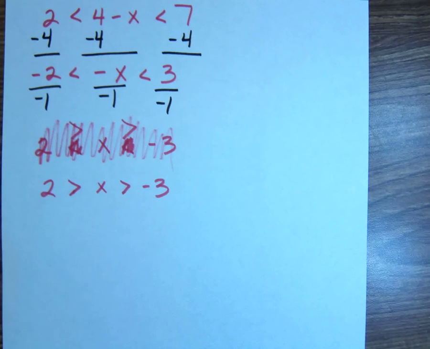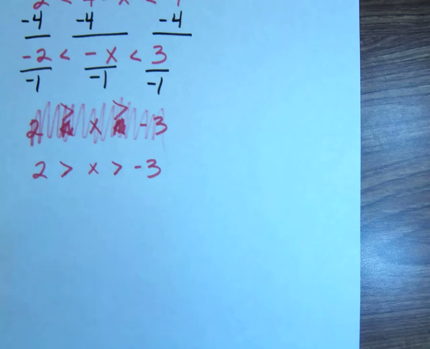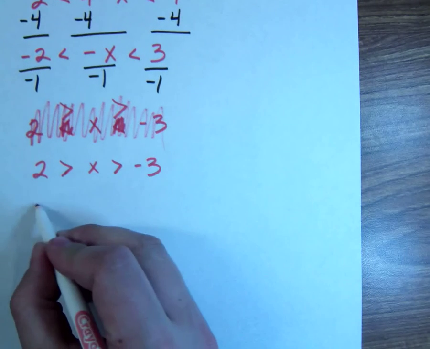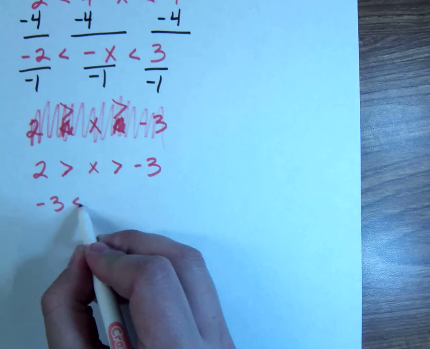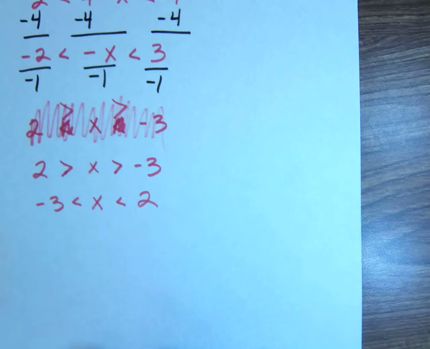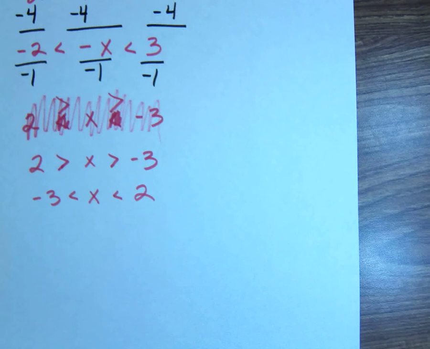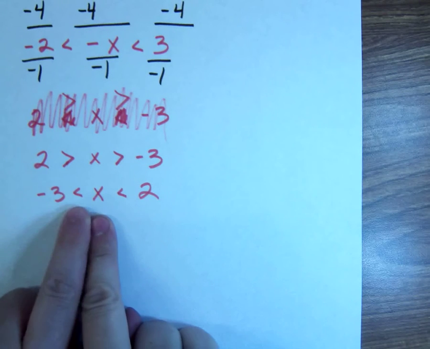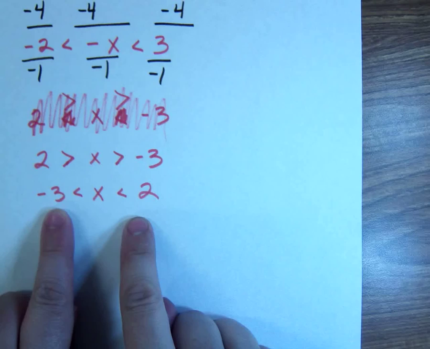So this is what this is saying. I can actually switch the order here. It would make a little more sense. This is what I was thinking when I was writing this: if you switch it with the negative on the left and the positive on the right, that makes a little more sense. We're saying x is bigger than -3, but it's less than 2.